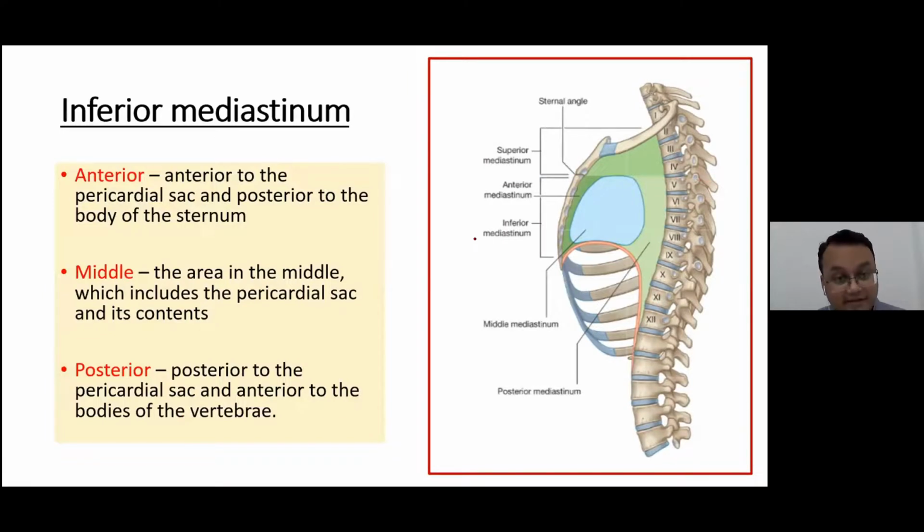The anterior lies anterior to the pericardium. This will be the reference point, the pericardial sac with the heart inside it, which lies as the middle mediastinum. The one anterior to that is the anterior mediastinum. The one posterior to that, until it reaches the thoracic vertebrae, will be considered the posterior mediastinum, right?